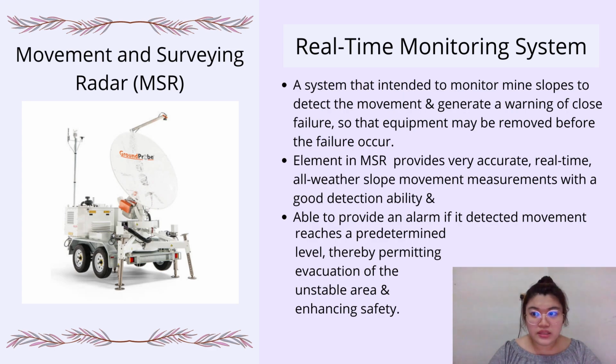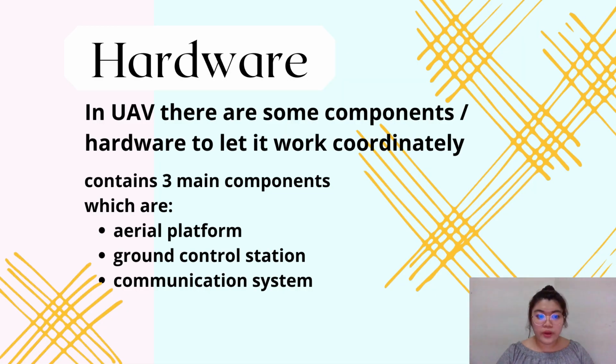Hardware. In UAV, there are some components or hardware that let it work coordinately. A UAV contains three main components, which are aerial platform, ground control stations, and communication system.